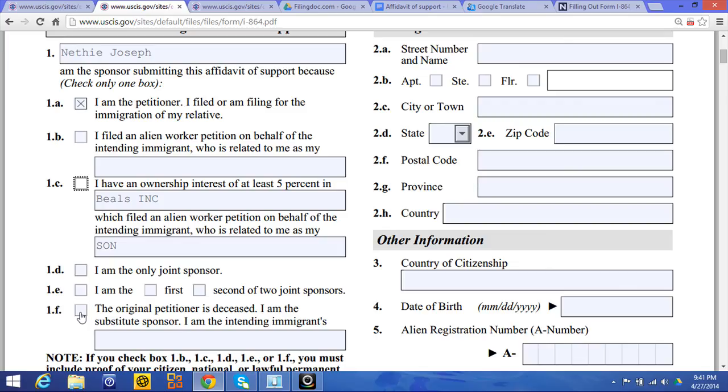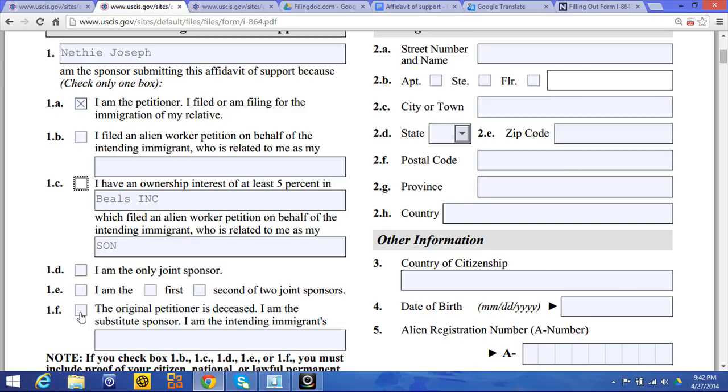The relation can be a spouse, husband, parent, mother-in-law, father-in-law, sibling, child, son, daughter-in-law, son-in-law, brother-in-law, sister-in-law, grandparent, grandchild, legal parent. With this kind of relationship, you can act as a substitute sponsor.